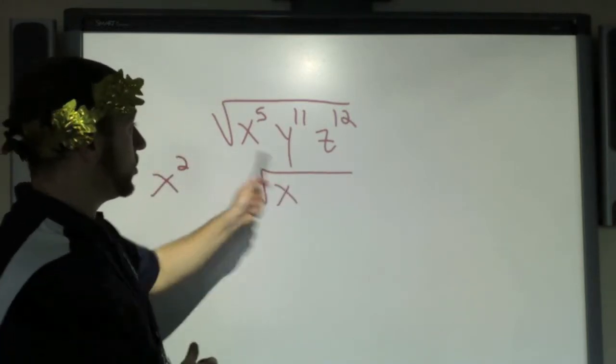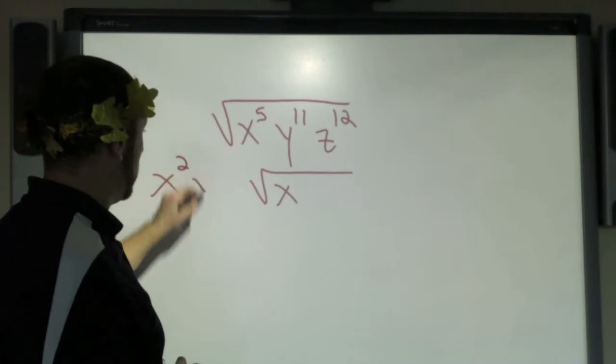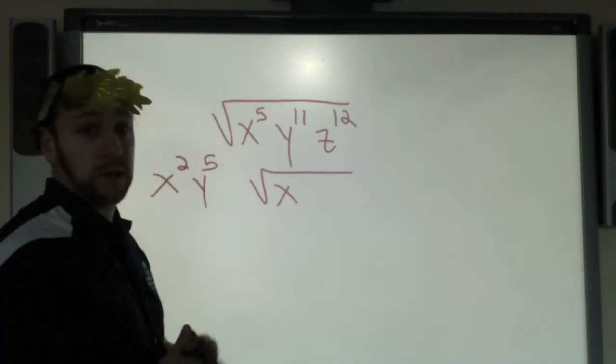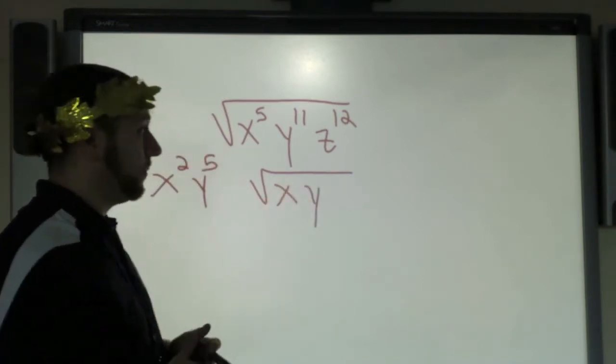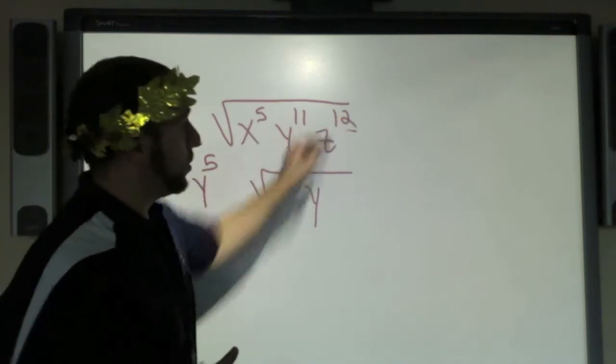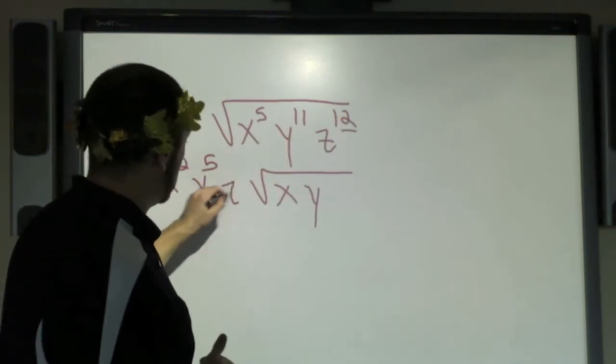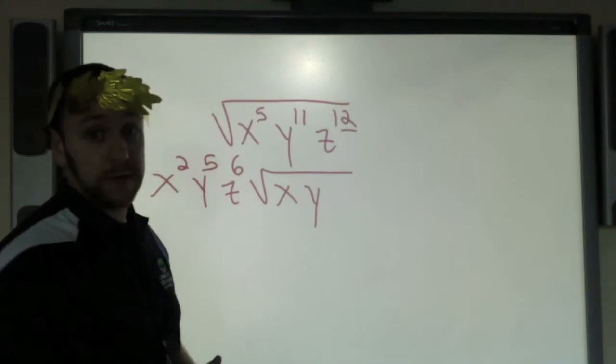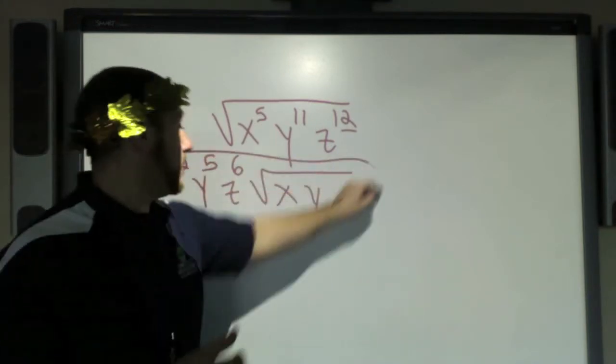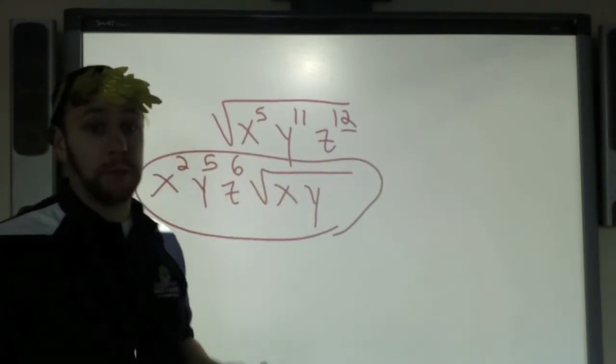How many times does 2 go into 11? Well, 5 times with 1 left over. How many times does 2 go into 12? 6 times with nothing left over. So I am done with my answer at that point.